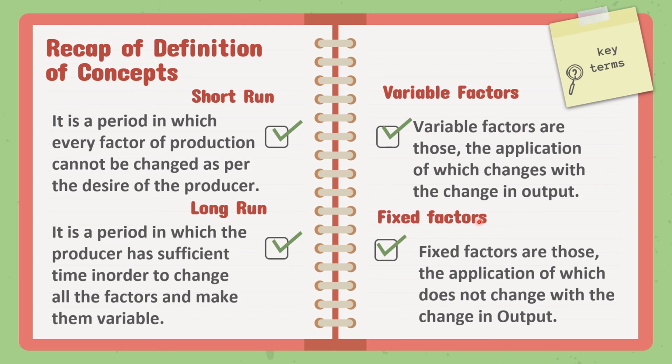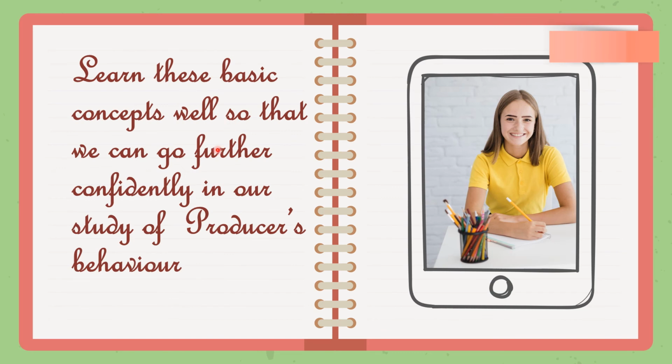What are fixed factors? Fixed factors are those the application of which does not change with a change in output. Fixed factors do not get consumed in the process of production. Learn these basic concepts well so that we can go further confidently in our study of producers' behavior.